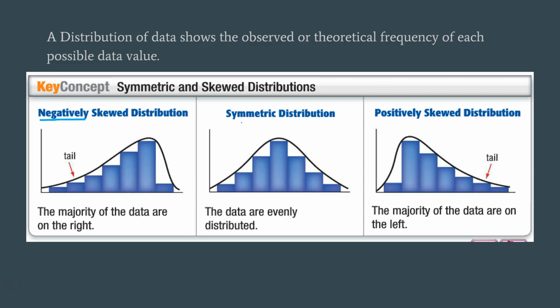Then if it's symmetric, it's going to be evenly distributed. So as you can see here, there's not necessarily a tail end because it's evenly distributed. However, if we look at the positively skewed distribution, a lot of it is going to start on the left hand side, and then we're going to get a tail towards the right hand side.